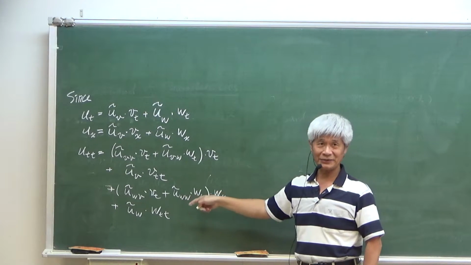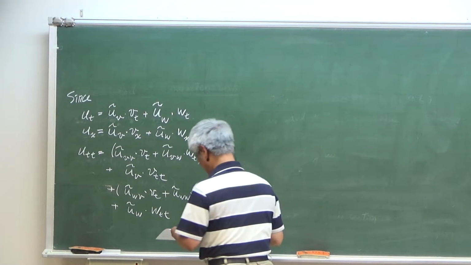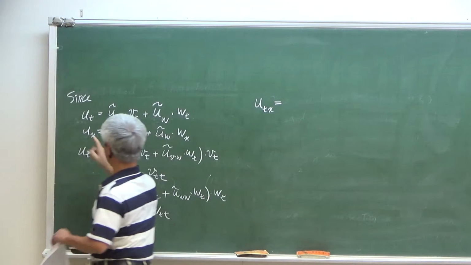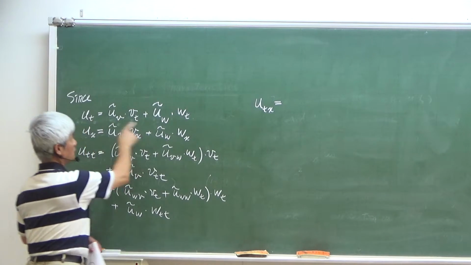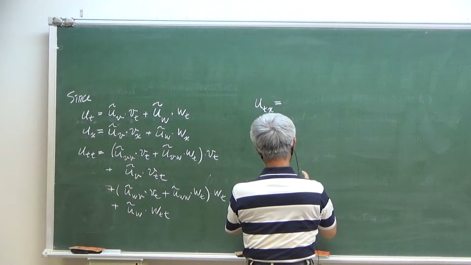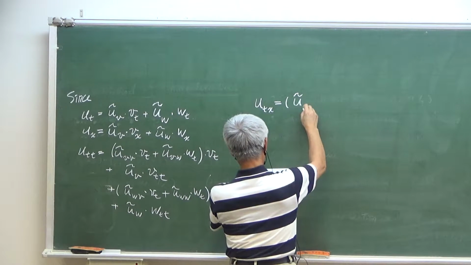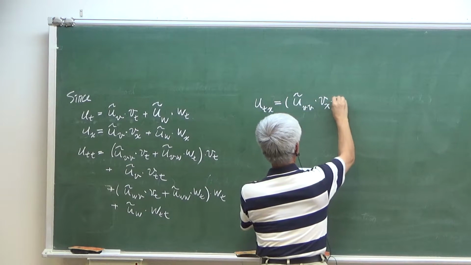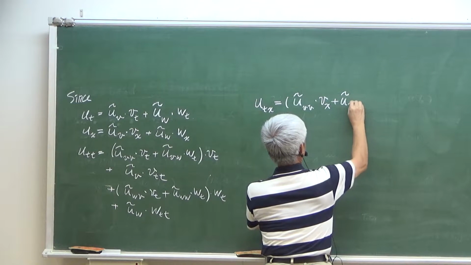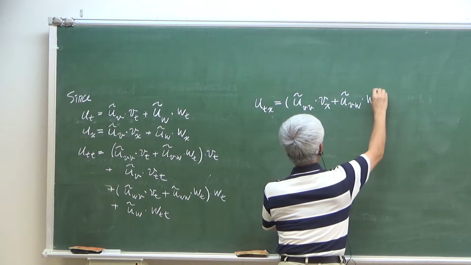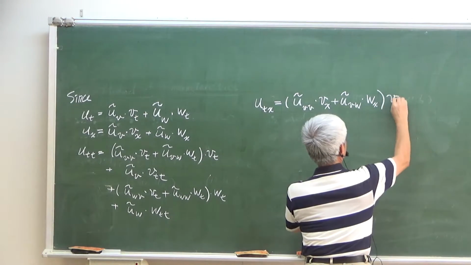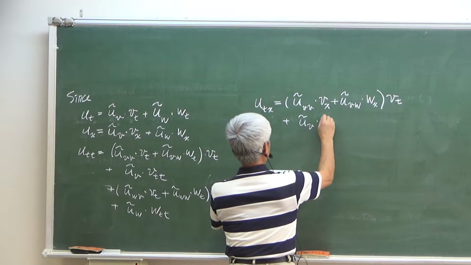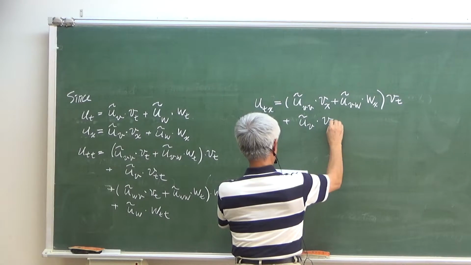And actually this is nothing new, just applying the chain rule. And then the mixed second order partial derivative u_xt. Here we have u_vv v_x plus u_vw w_x, times v_t, plus u_v v_tx.